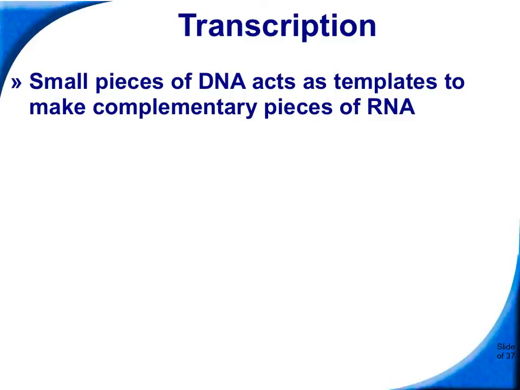So what's happening in this process is that within the cell, within the chromosome, little chunks of DNA are acting as templates, or little pieces of instructions, and it's going to take those little pieces of DNA and write their information on a complementary piece of RNA. So we're not making a second DNA strand, instead we're going to make an RNA strand.